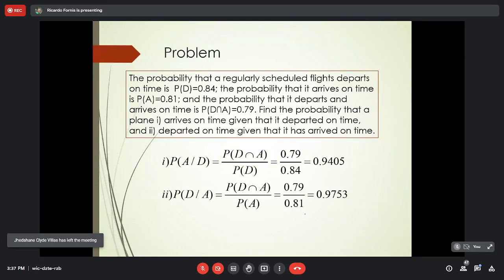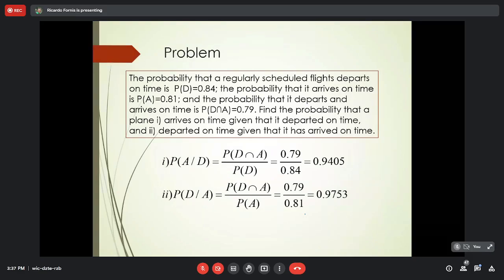You see, the chance of arriving on time given that you departed on time is not the same as the probability of departing on time, no? So the probability of departing on time is 0.84 and the probability that it arrives on time is 0.81.